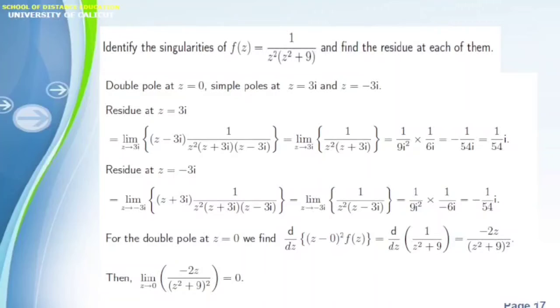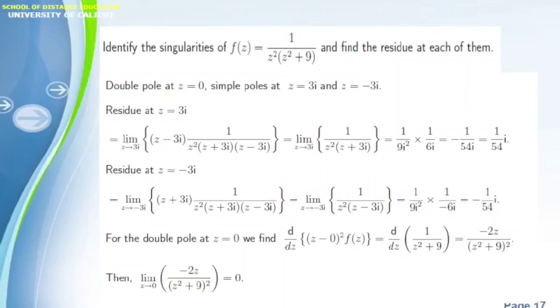Identify the singularities of f of z equal to 1 by z square into z square plus 9, and find the residues at each of them. So the first one, at z equal to 0: z equal to 0 has a power 2. So z equal to 0 is a pole of order 2.